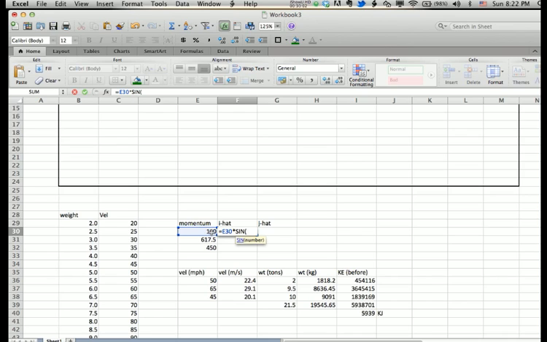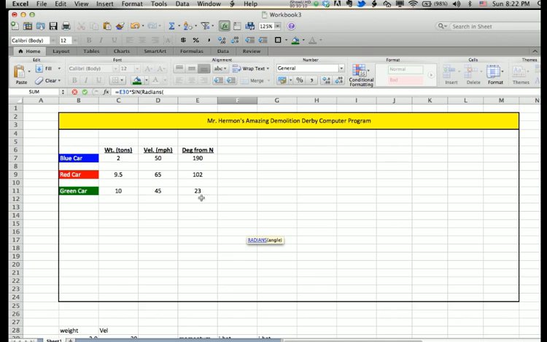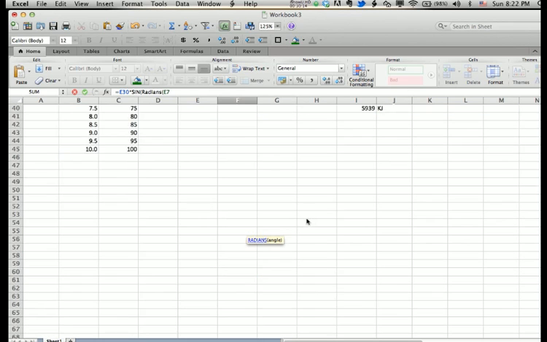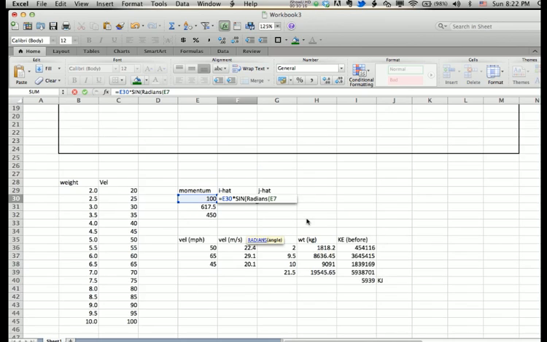But I need to turn it to radians. So I'm going to put in radians, and then parenthesis, and I'm going to come up here and grab that angle, parenthesis, and then I'll need another parenthesis, and hopefully that should work.